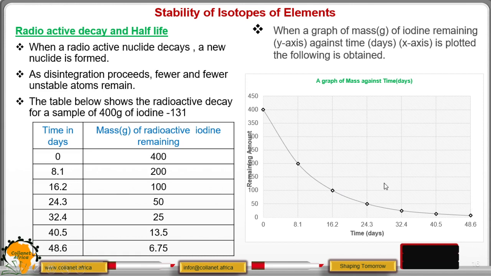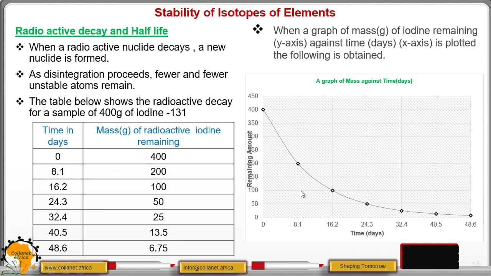Now, when you look at this curve, there is one thing I want you to note. If you want to move from 400 to 200, that is half of 400, you will need 8.1 days. Right? Now again, from 200, the half of 200 is 100.